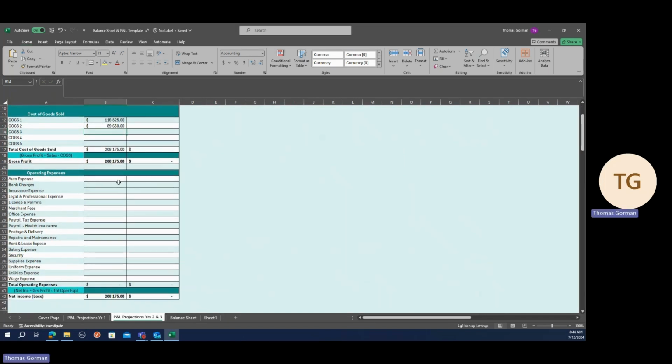So now we would move forward into our operating expenses. Generally, a good rule of thumb is to peg the increase of your operating expenses to the inflation rate. Generally inflation is around 2 to 3%.